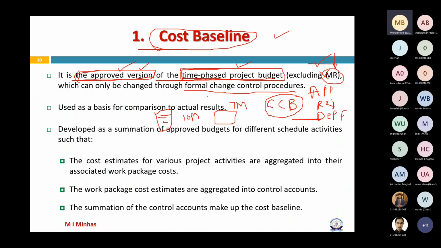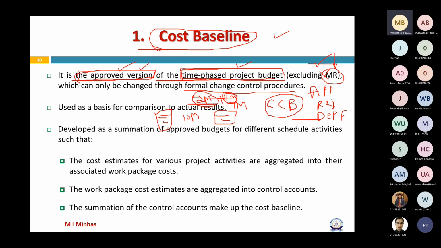So let's say management decided that they'll have 2 million as profit, and they kept 1 million as management reserve. Now, let's say, for any reason, the project manager requires more than this 1 million from management reserve, then it would be management's decision actually.